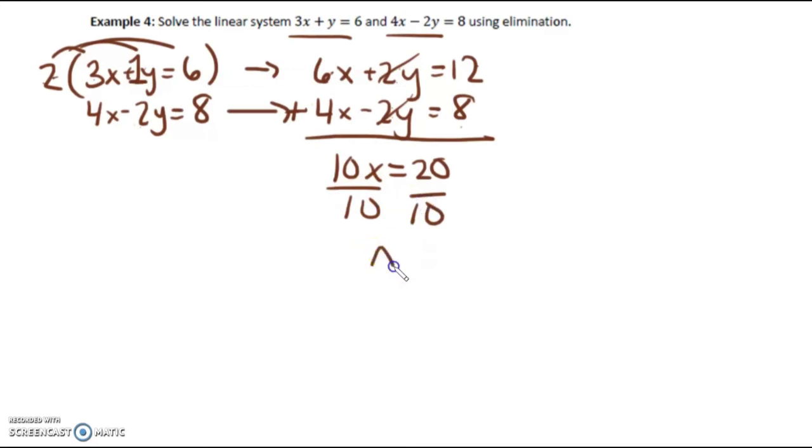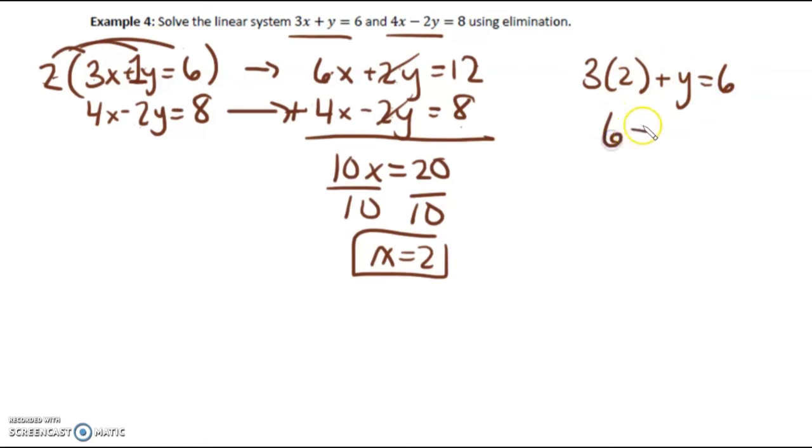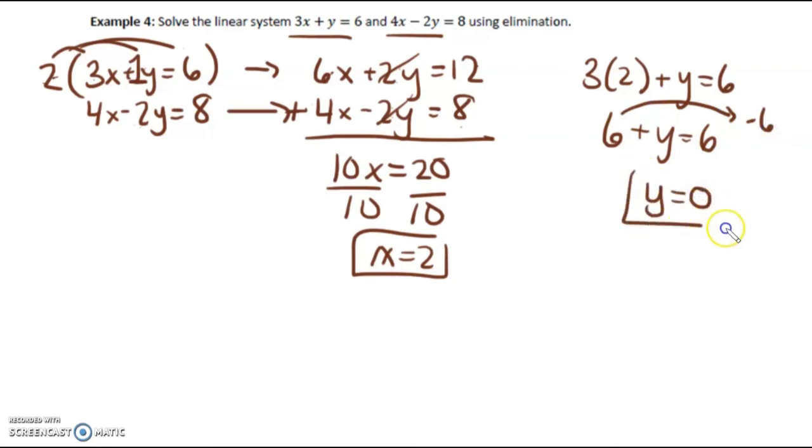Divide out the 10, and I get x equals 2. I'm going to sub that back into the first equation. 3 times 2 plus y equals 6. 6 plus y equals 6. I'm going to bring this 6 over. It becomes -6. And I get y equals 0. So therefore, the point of intersection is (2, 0).